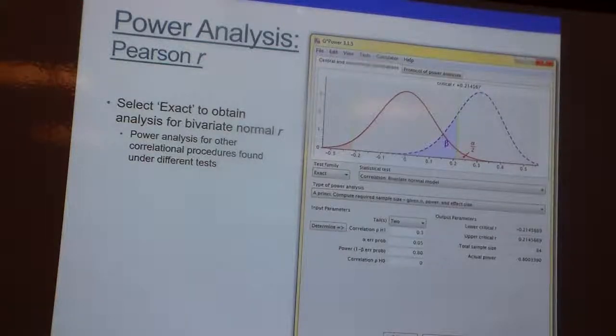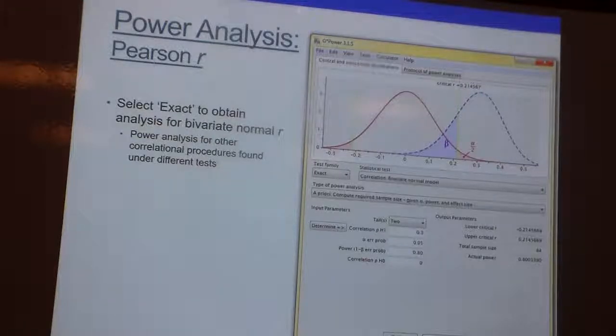How many people should I have in my sample, over 100 replications, to be able to detect that if it's the actual population coefficient, so that I identify it 8 times out of 10, or 80% of the time, based on my power? Okay, and so then we go through and do that.